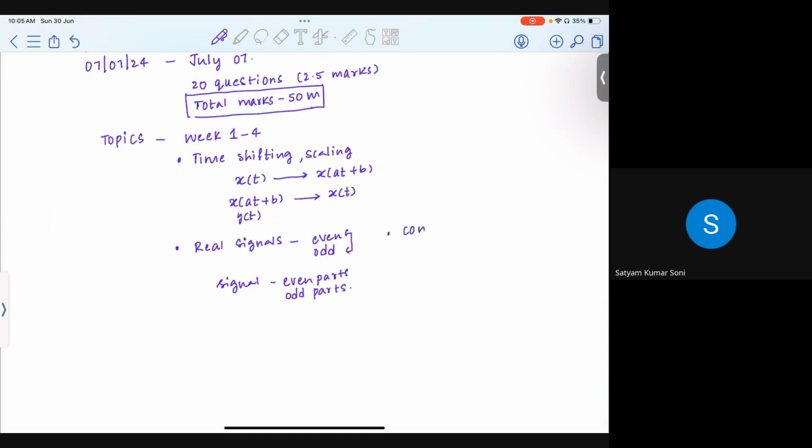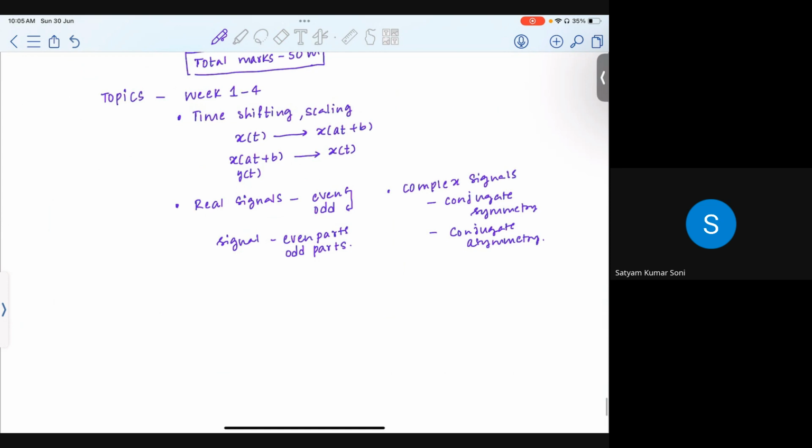And for complex signals, finding the conjugate symmetry, conjugate asymmetry, right?